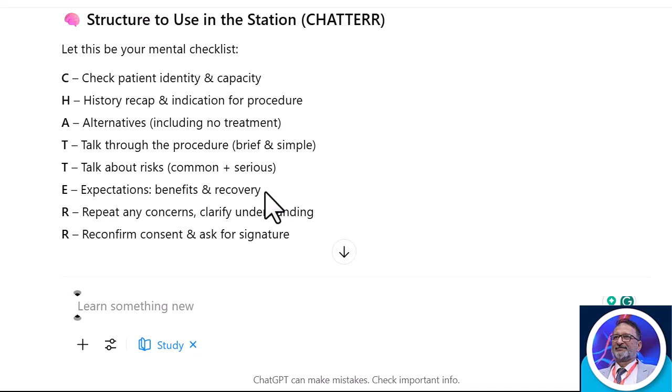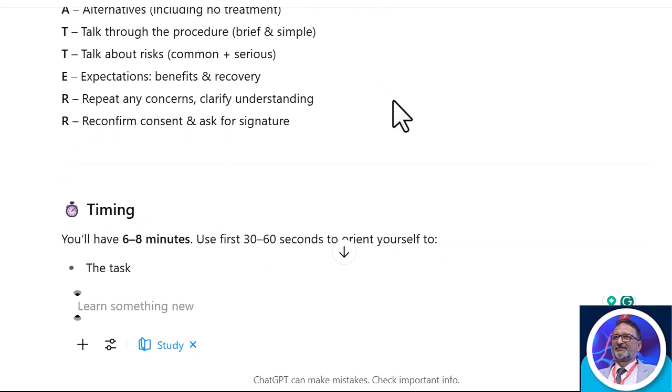Repeat any concerns, clarify, and check understanding. So you see, this is a lot better than going quickly to a role play. So I always advise you to have a summary, and remember ChATTER as a scheme for consent.